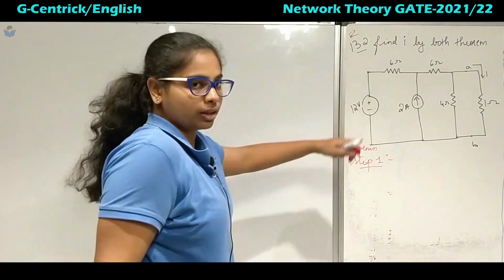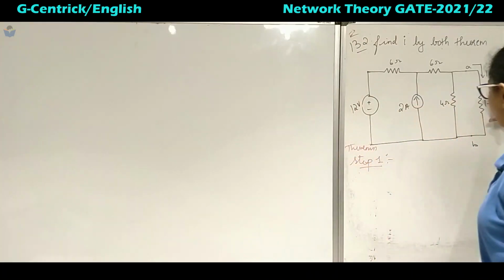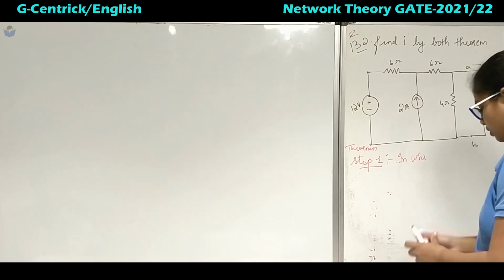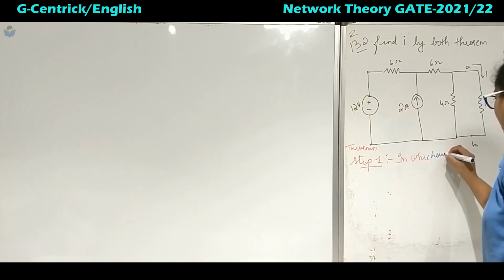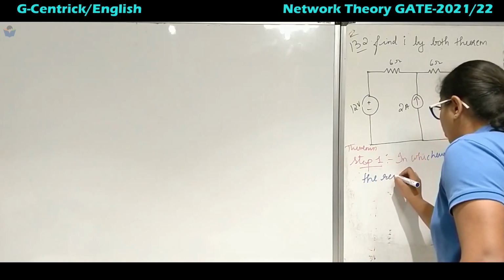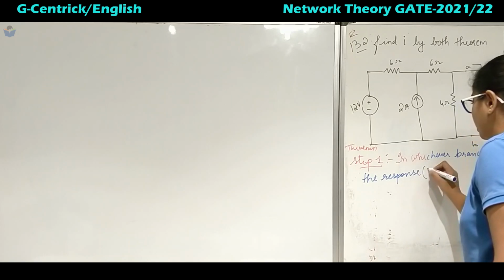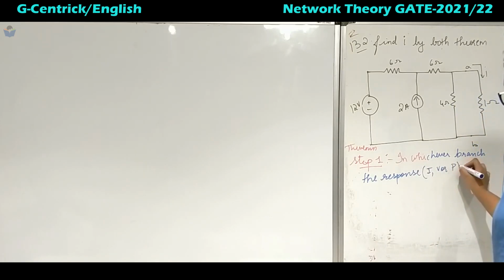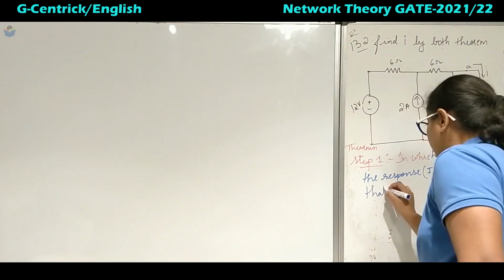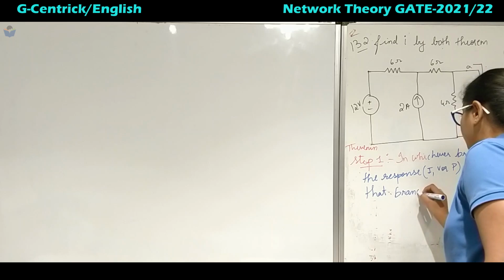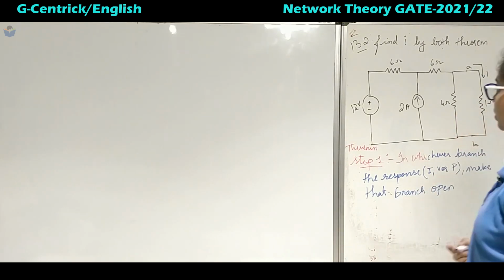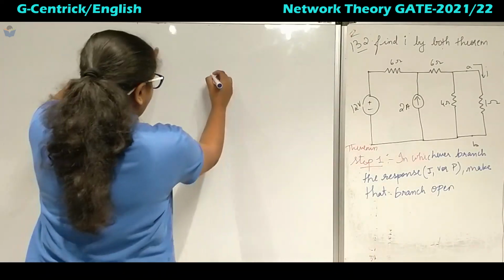Step 1 in Thevenin says that whichever branch the response is asked in, the response can be either current, voltage or power, make that branch open circuit. According to this first step, how will our circuit look?